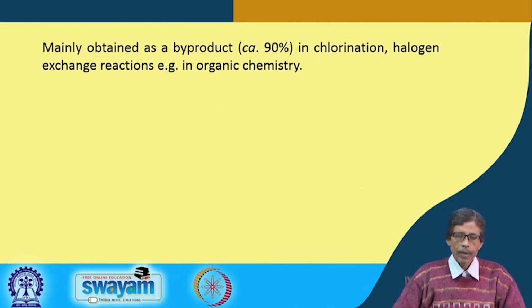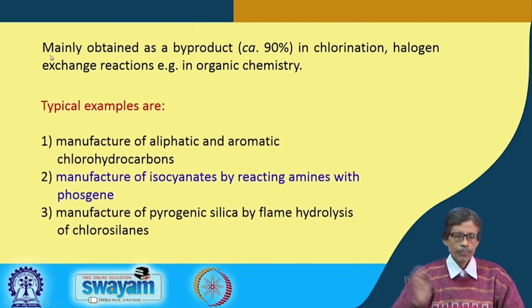Similarly, it can be a byproduct of different other chlorination reactions or halogen reactions in organic chemistry. So what are those examples? Basically, where do we get HCl as the byproduct?